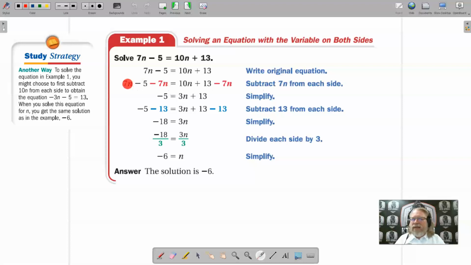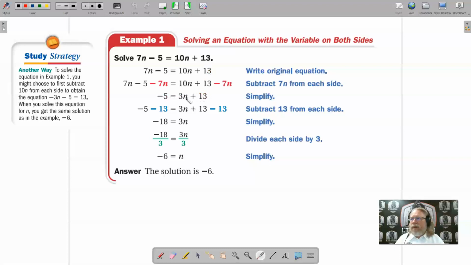The positive 7n is going to be canceled out by the negative 7n, so we just lose the 7n's on the left, and we end up with just -5. Over here on the right, we've added a -7n, and whenever we combine like terms, this 10n and the -7n, well, 10 minus 7 is 3, so we get 3n. And of course, we can see that this 13 has been carried down for each step.